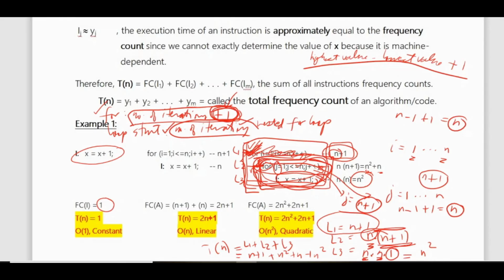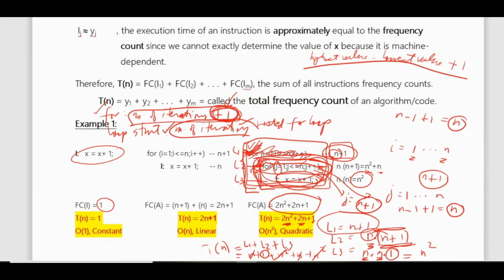You have 2n square. And then you have n and n here, that's why you have 2n. And the last remaining is 1. Okay? So the frequency count of the third example is 2n squared plus 2n plus 1.